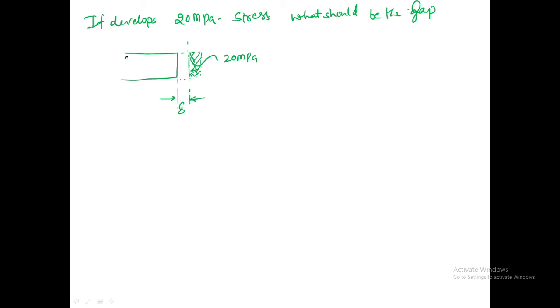Now how can we calculate this? The simple formula again. PL by AE equals alpha delta T L minus delta. In this case P by A is given, P by A equals 20 Newton per mm square. Now let us simplify.